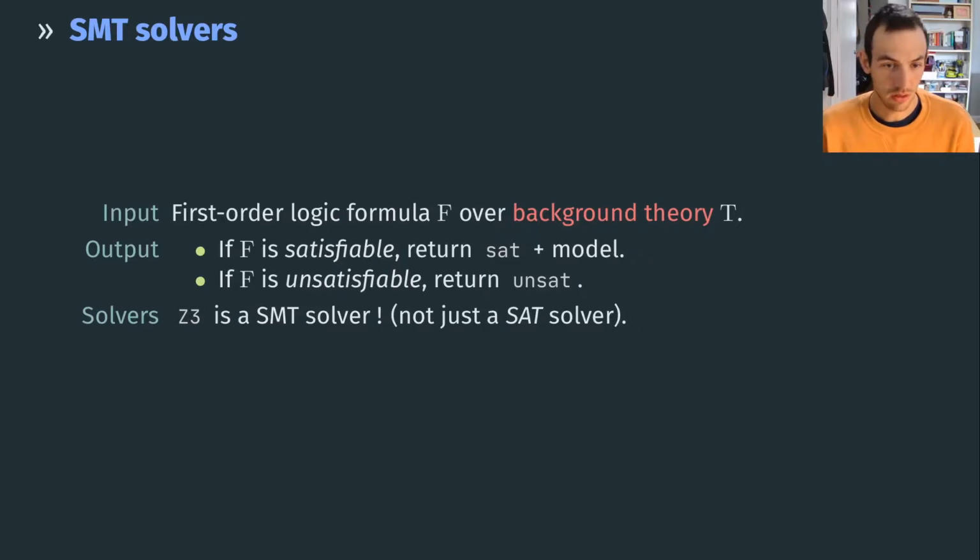And Z3, the solver you used in the SAT tutorial, is a SMT solver, and even a very powerful SMT solver. So we've been limiting ourselves by using it only in its SAT capability, but in this tutorial we're going to see a little bit more about how to use Z3 for richer theories.